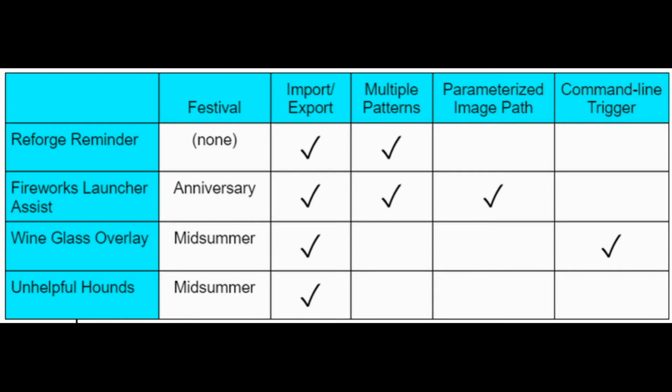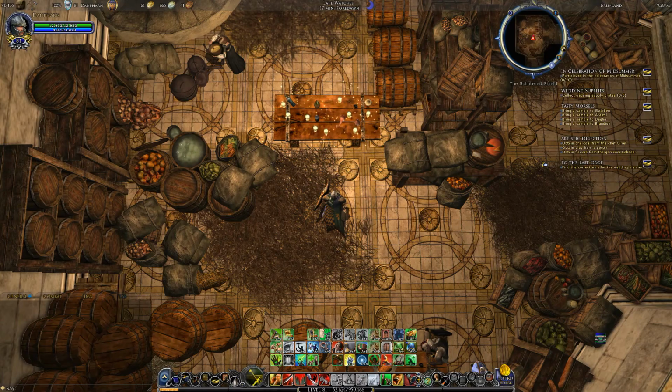The Unhelpful Hounds, by the way, doesn't use any of the new capabilities other than the fact that you can just import that config and get it up and running quickly. But in theory, you could do exactly the same thing with LOTRO. You wouldn't need the new features of GenOut. All right, so let's start in on a demo here, and I'll start with the wineglass overlay.